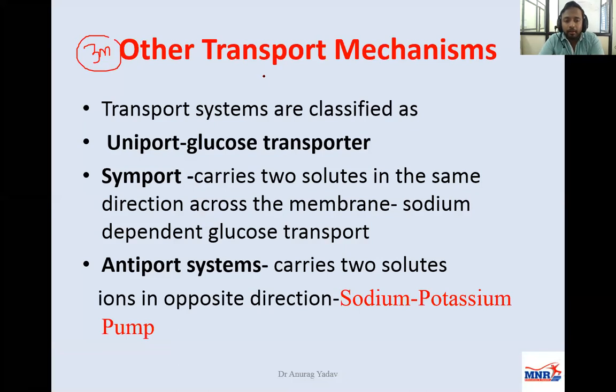So these two things. Next, another important aspect which can be asked for a 3-mark question is transport of the material based on the movement, whether it is coming inside the cell or going outside the cell. That is transport of the molecules based on the direction of movement.